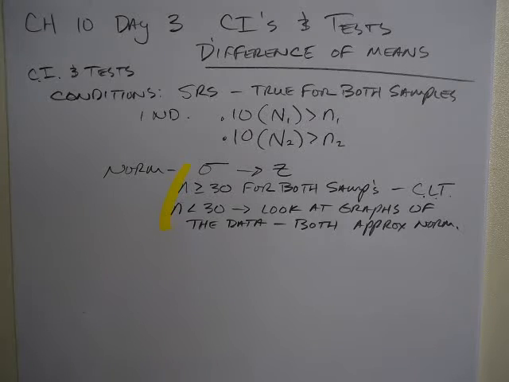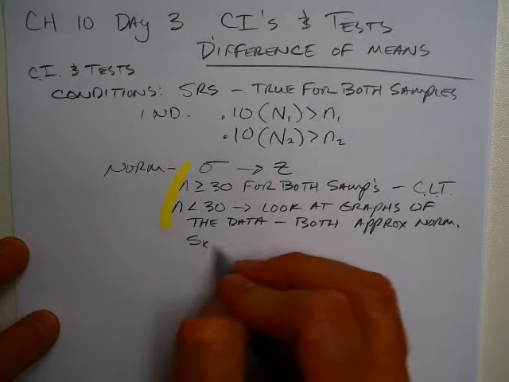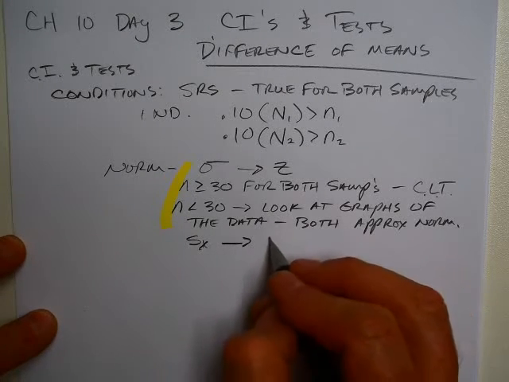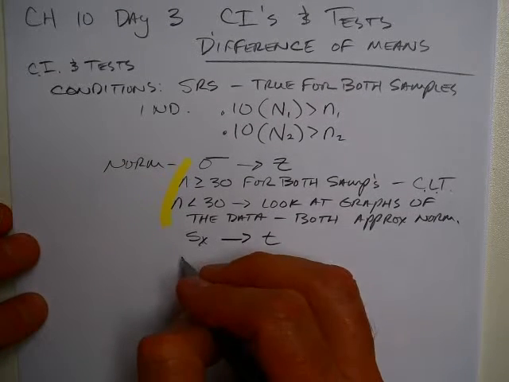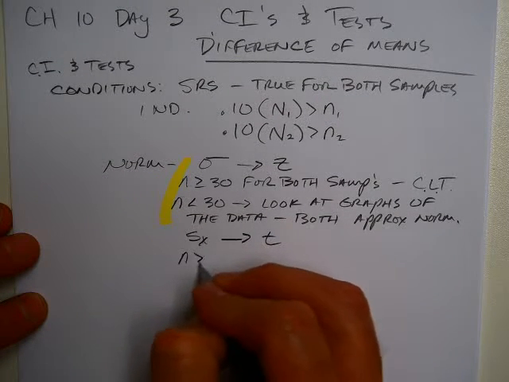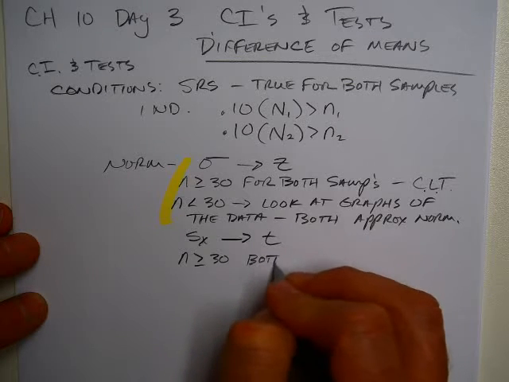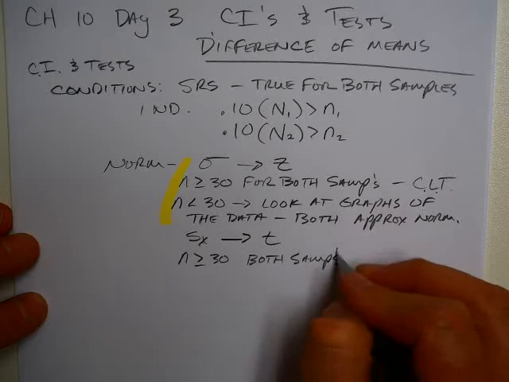Well, what if we don't know sigma? If we're given Sx or s, that's your t distribution. And again, if n is greater than or equal to 30 on both samples, then you're in business.